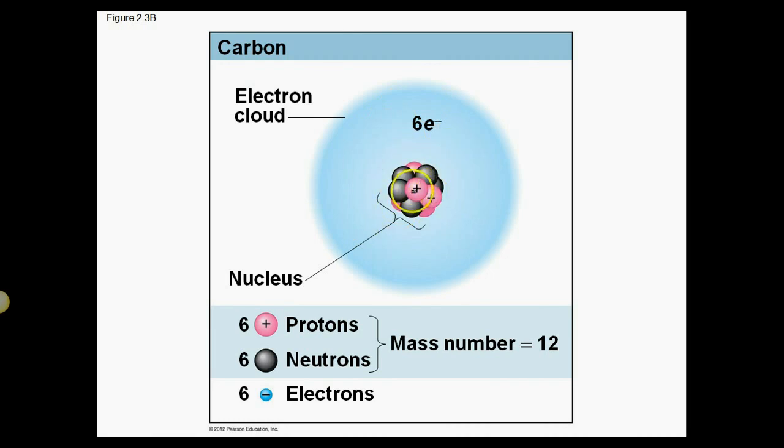So if we've got protons and neutrons, it looks like there are 1, 2, 3, 4, 5 protons. But there must be another proton hidden back there somewhere because it needs 6. And we've got 1, 2, 3, 4, 5 neutrons, so there must be another neutron hidden back there because there should be 6 and 6. When you add those together, you get a mass number of 12. That's how that works.